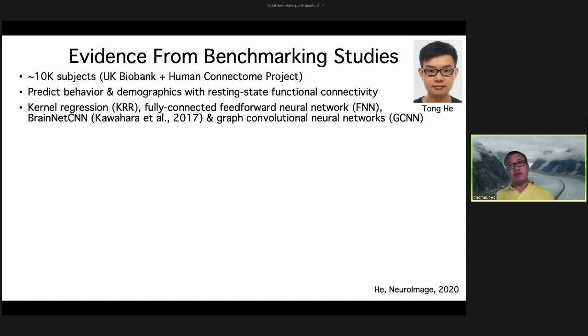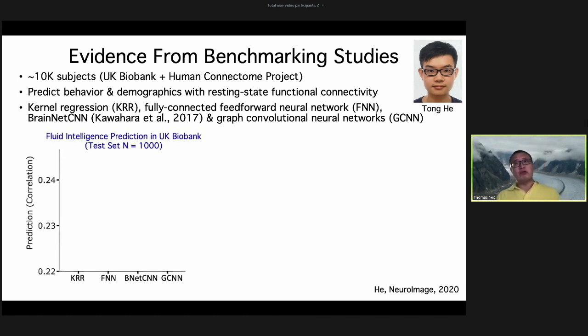The fully connected feed-forward neural network is just a generic neural network, while the BrainNetCNN and graph convolutional neural networks have been developed for graph data, such as functional connectivity data. Therefore, we might expect BrainNetCNN and graph convolutional neural networks to perform better than the fully connected feed-forward neural networks.